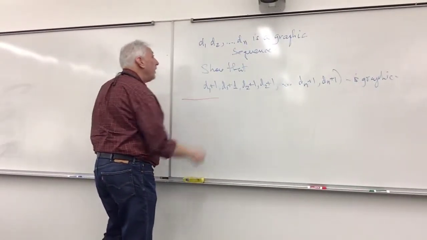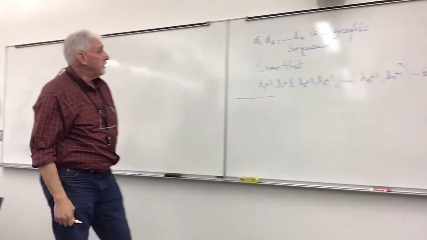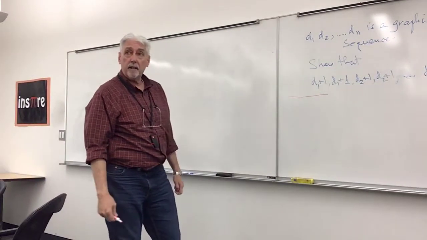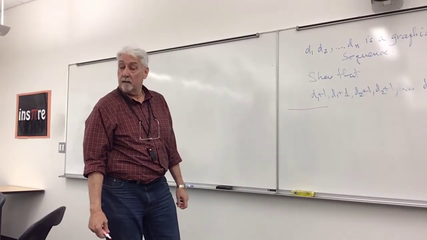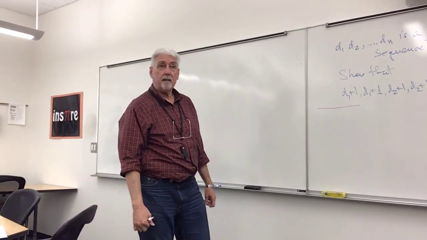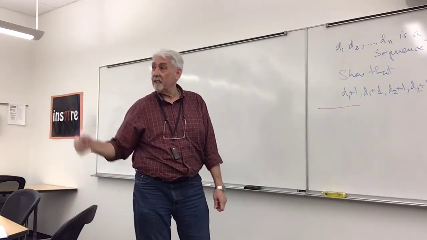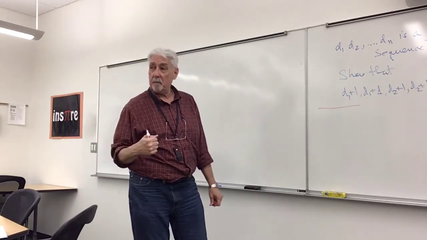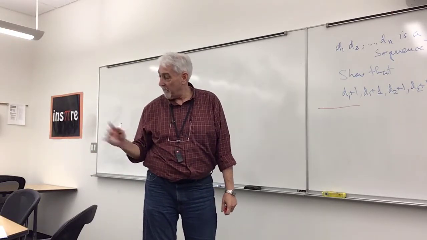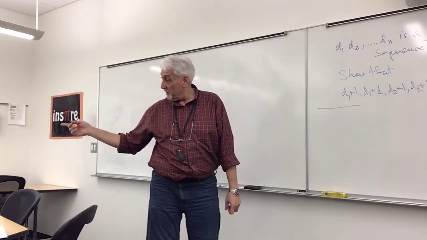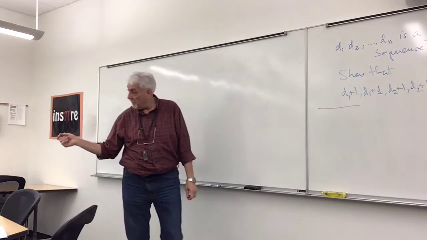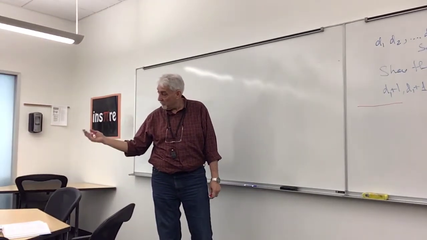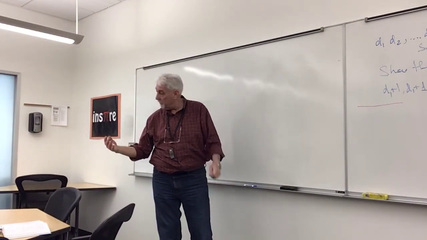So what does it mean for D1 through Dn to be graphic? That's a question I'm looking for some help with. I know the answer. Be exact.